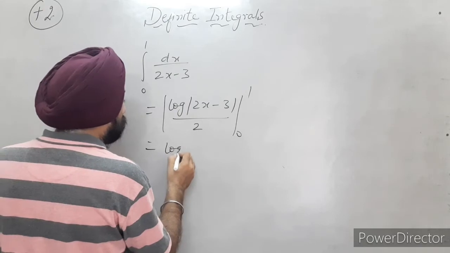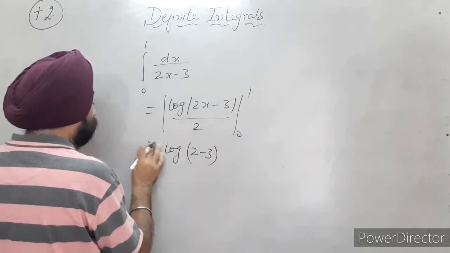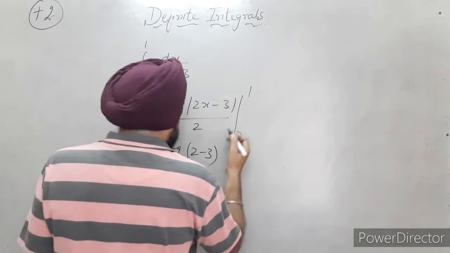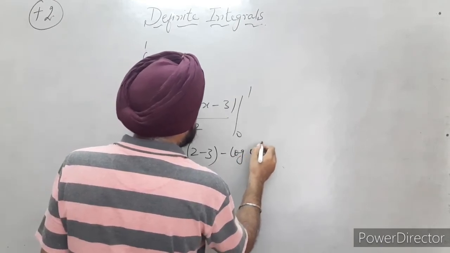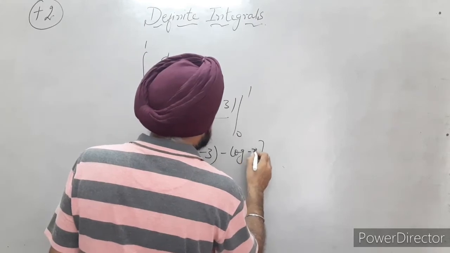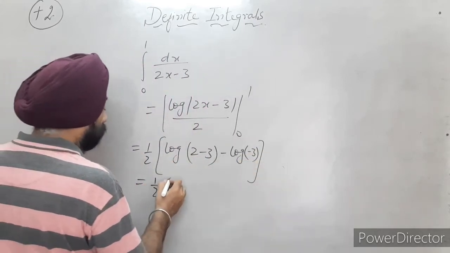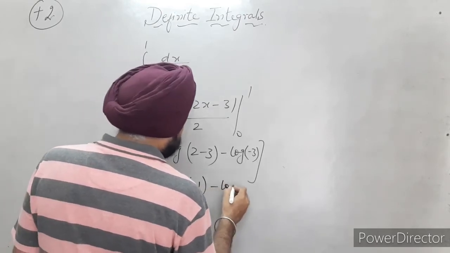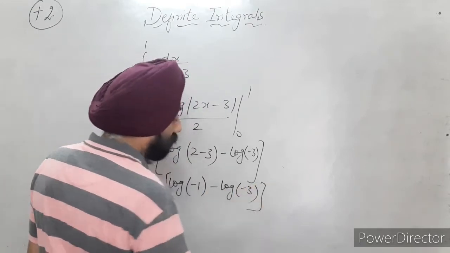It is half log of 2 minus 3, upper limit, and minus half log of 0 minus 3 for the lower limit. This is half log of minus 1 minus half log of minus 3. This is the answer.